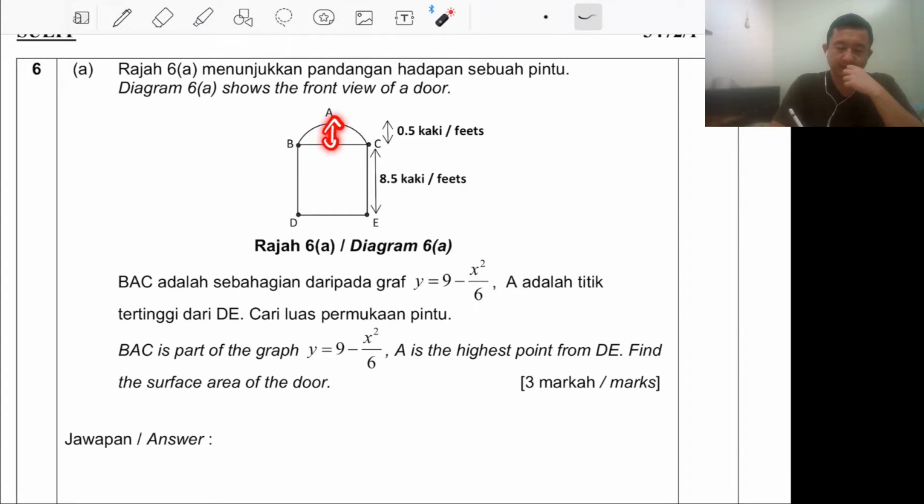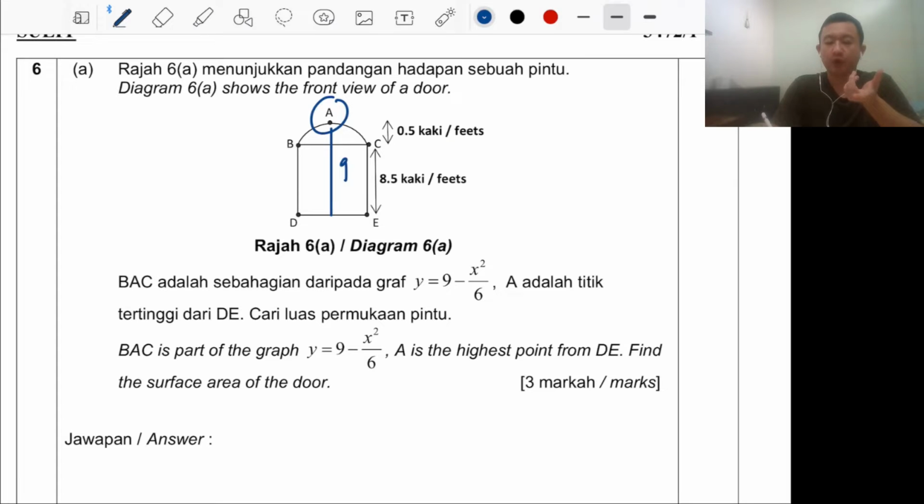Here is 9 feet. Let me check whether this is the highest point from DE. I want to check whether this is also the maximum point for this graph or not. If this is the maximum point of this graph, meaning this is your y-axis.